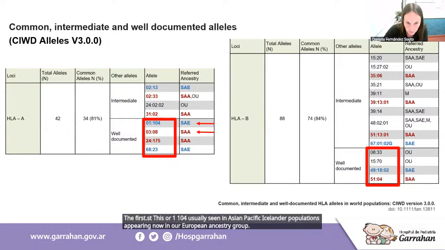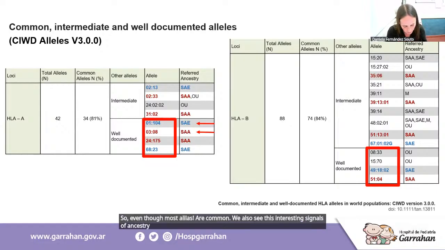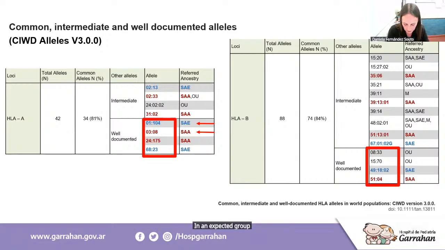And the second, common in European and African populations, was found in the Amerindian group. So even though most alleles are common, we also see these interesting signals of ancestry-specific or well-documented alleles appearing in an unexpected group, highlighting the rich diversity of our population.